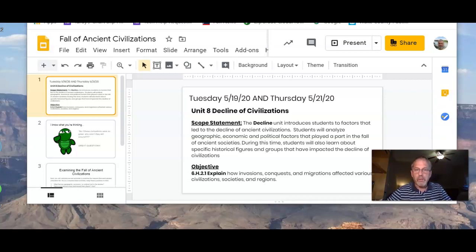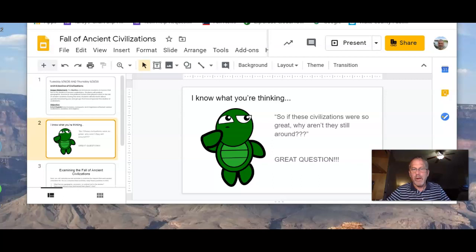The objective here, explain how invasions, conquests, and migrations affected various civilizations, societies, and regions. So you're looking at that. Now, I know what you're thinking. If these civilizations were so great, why aren't they still around? That's a great question.